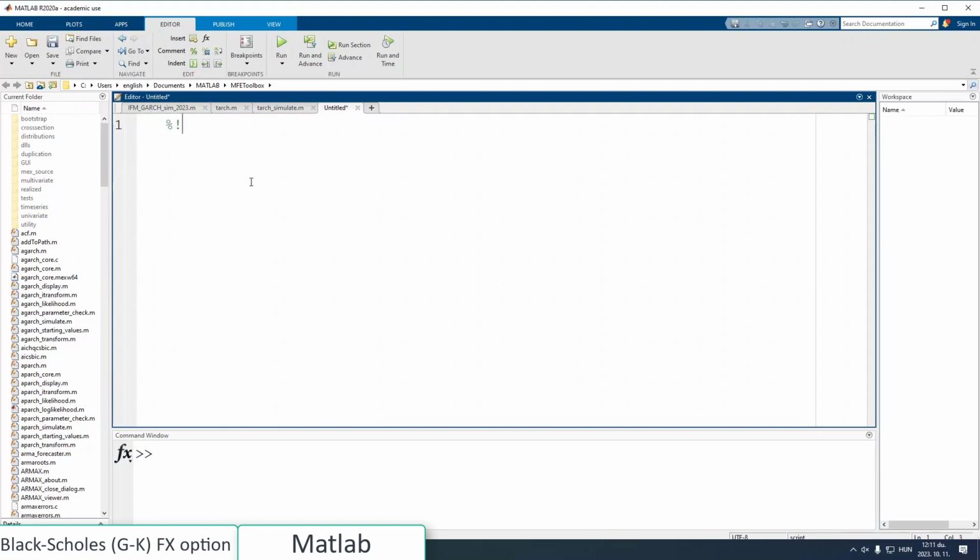First thing first, option pricing, and it's foreign exchange option pricing. So our first candidate, sorry, step zero, we have to load in the data.